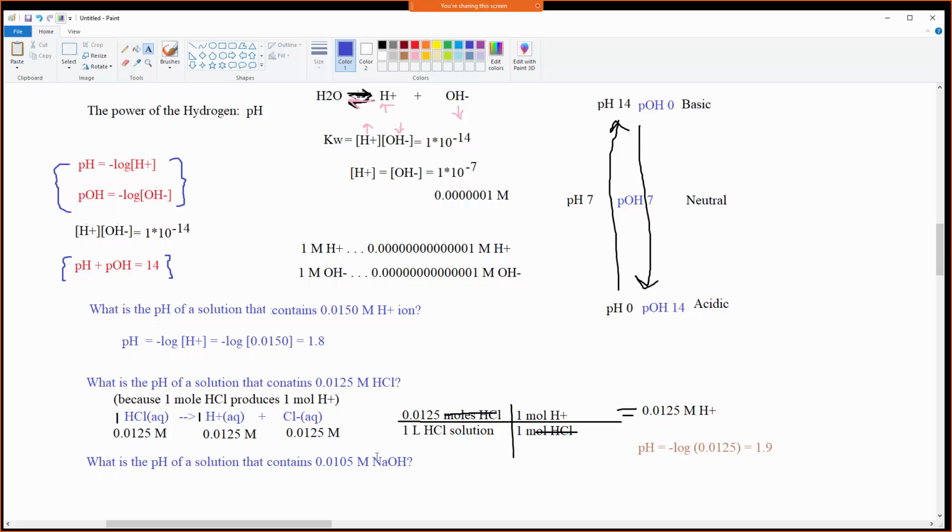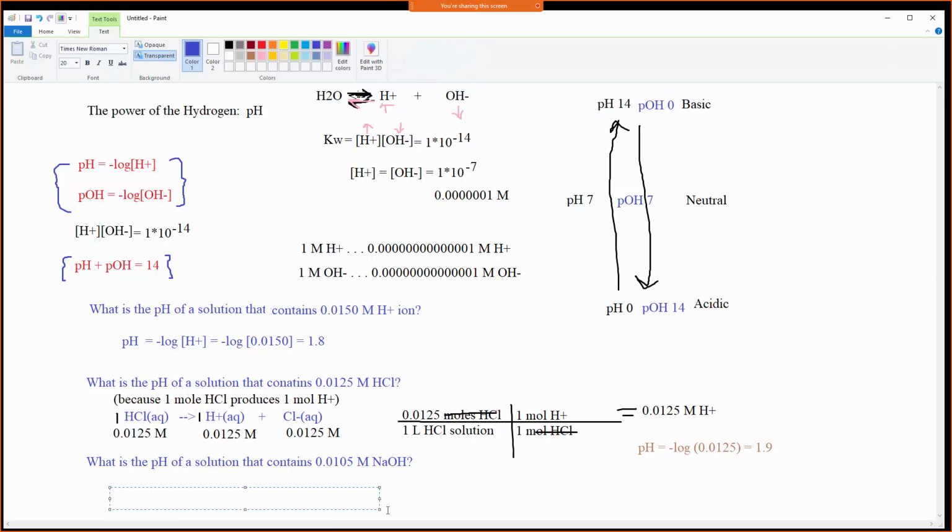Okay. We could play the same game here that we did right here and say, okay, well, NaOH is going to dissociate into sodium ions and hydroxide ions.